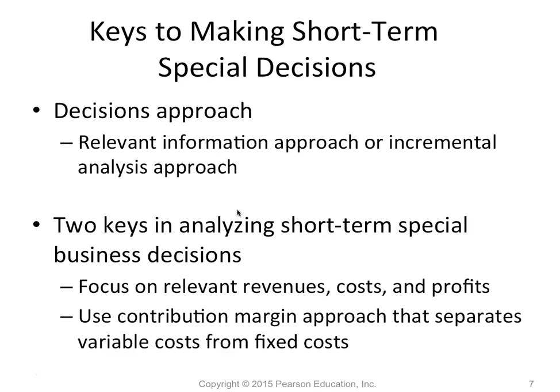And there are 2 keys in analyzing the short-term special business decisions. The first one, focus on the relevant revenue, cost, and profit. And then we're going to use the contribution margin approach that separates variable costs from fixed costs.